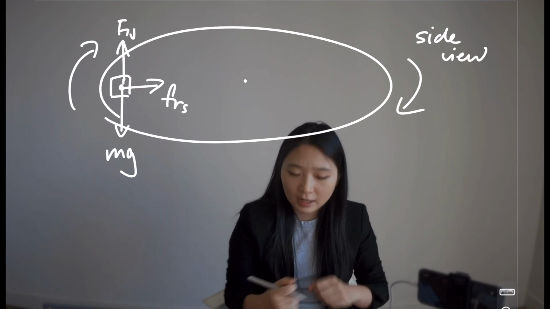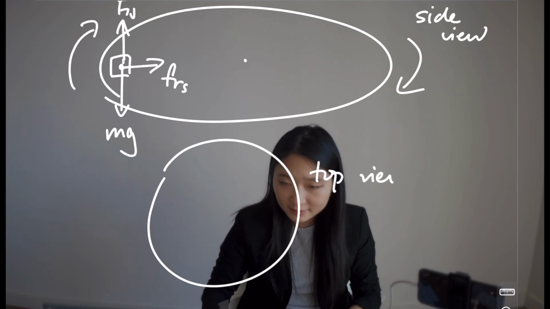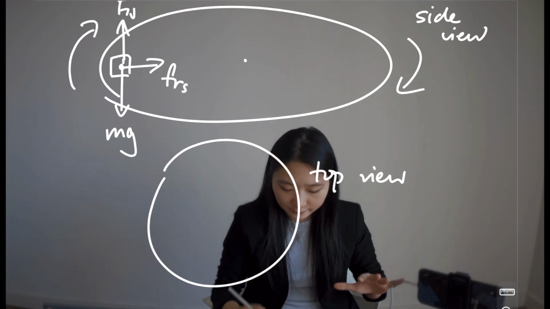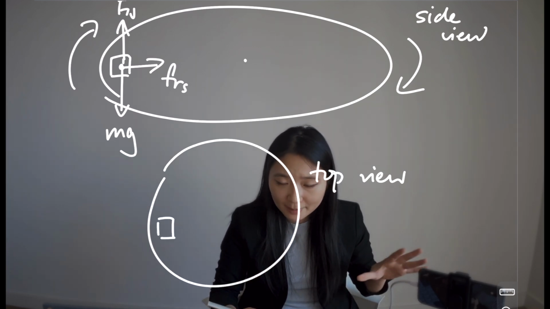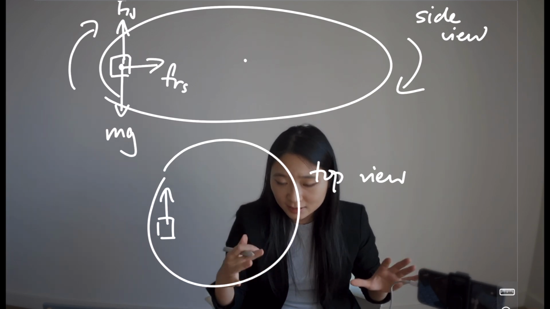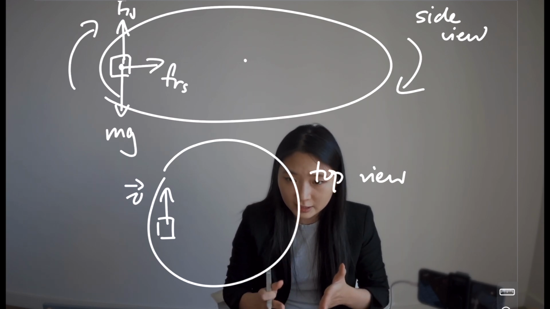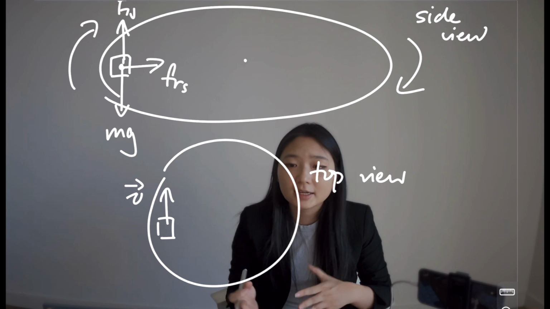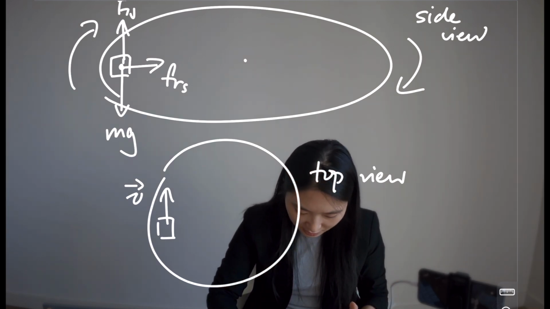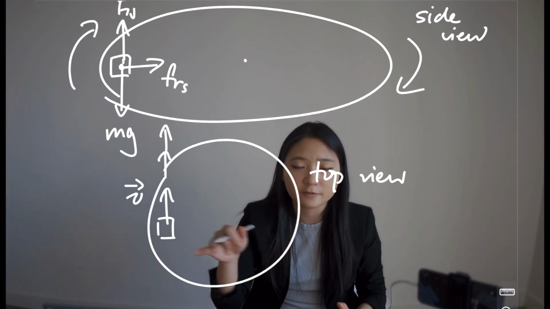Well, imagine this is the top view. If this disk has a super smooth surface, and there's no static friction force applied on this object, then once the disk starts moving, because this block already has a velocity of v, without any friction force the net force that it experiences is equal to 0, and it will just keep moving in that specific direction and fall off the surface of the disk.